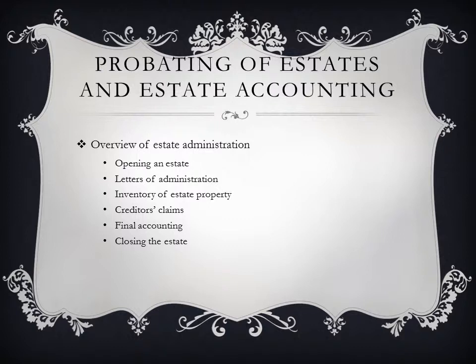It's just a simple one-page fill-in form that's sent to the IRS and asks the IRS to recognize that there's a personal representative of the estate. Then we're going to do an inventory, actually prepare that, and then look at creditor claims and write a letter to a creditor explaining what their rights are.